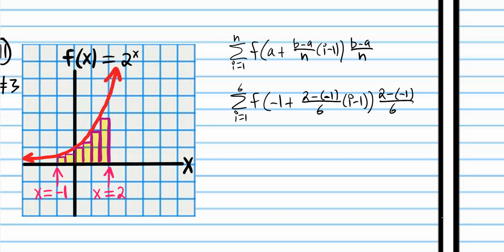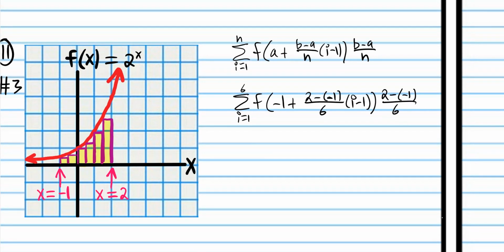So a is -1 and b is 2. There's 6 rectangles.